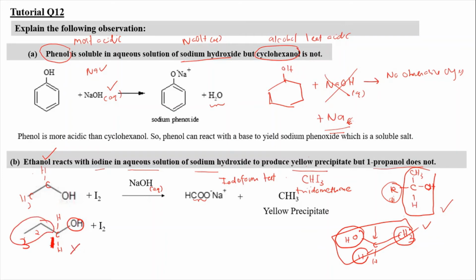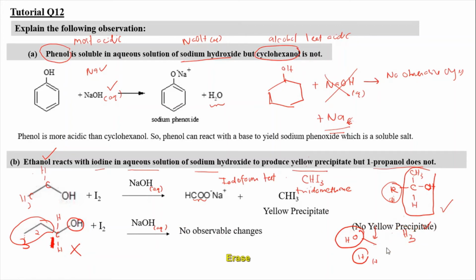The structure must have carbon, CH3, OH and H. Here it has CH2, CH2, CH3, which is going to give a negative result. So when 1-propanol reacts with iodine in aqueous NaOH solution, there are no observable changes, or you can say there is no formation of the yellow precipitate.